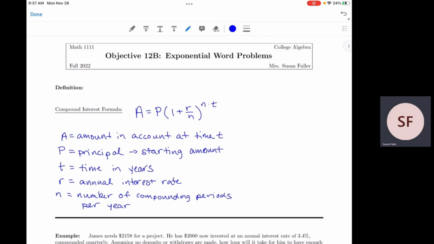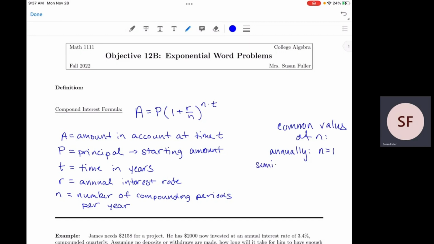And this is going to happen a certain number of times each year. So common values of N are, if you see something that says compounded annually, that has an N value of 1. It's compounded once per year.